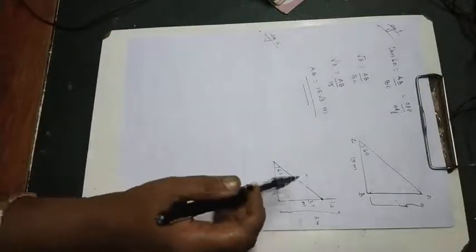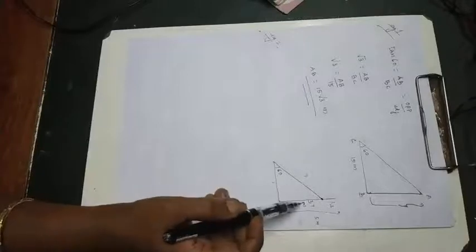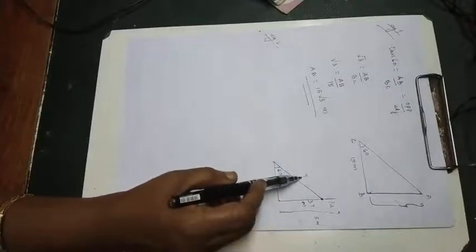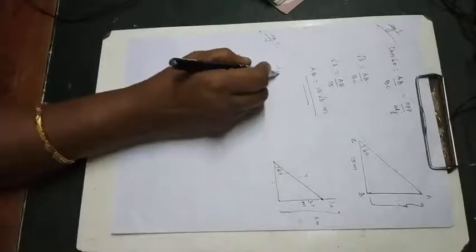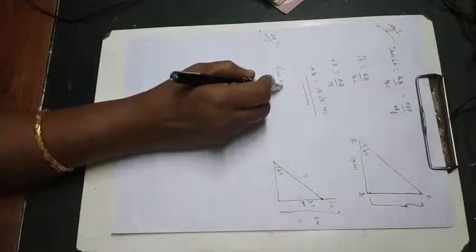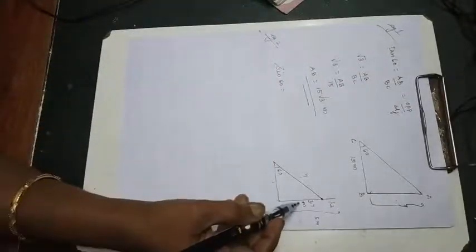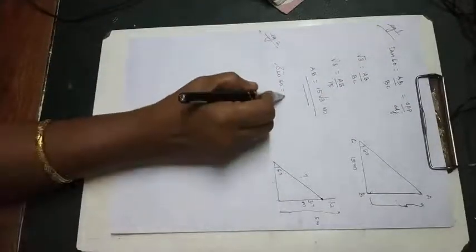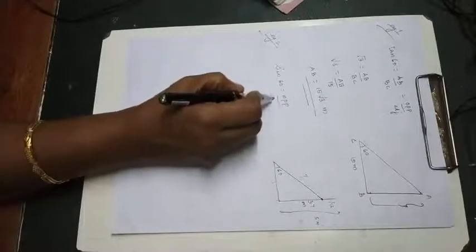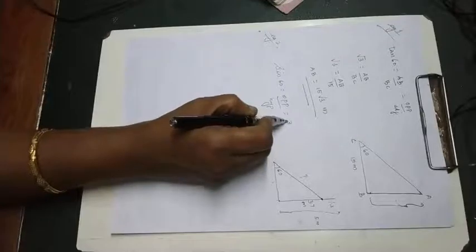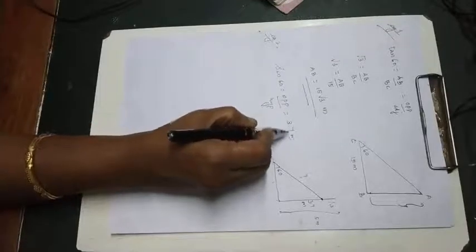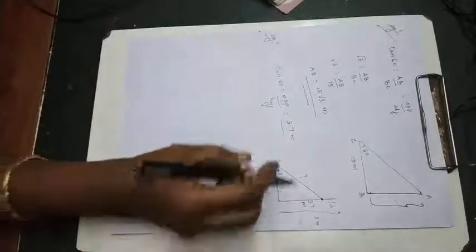Now for that, connecting this side, that is opposite side and hypotenuse, what is the ratio we have learned? That is sine 60 is equal to opposite side by hypotenuse. Opposite side is 3.7 meter by this one.